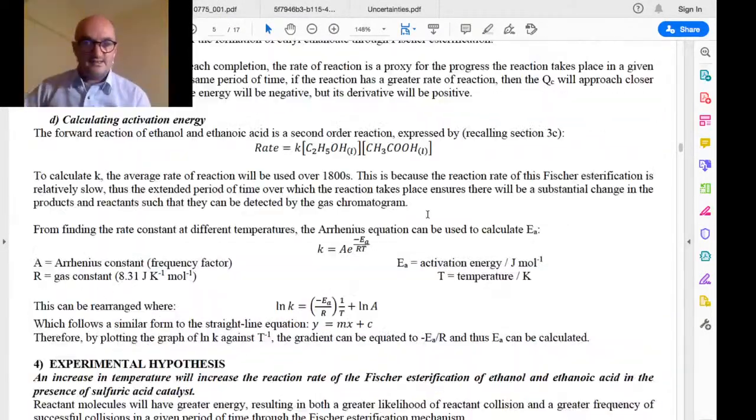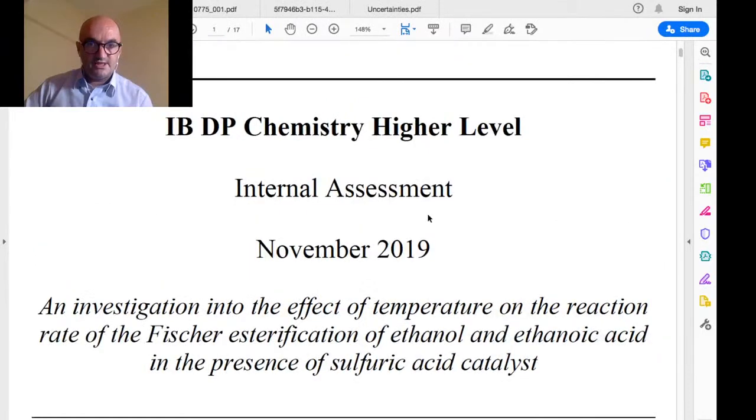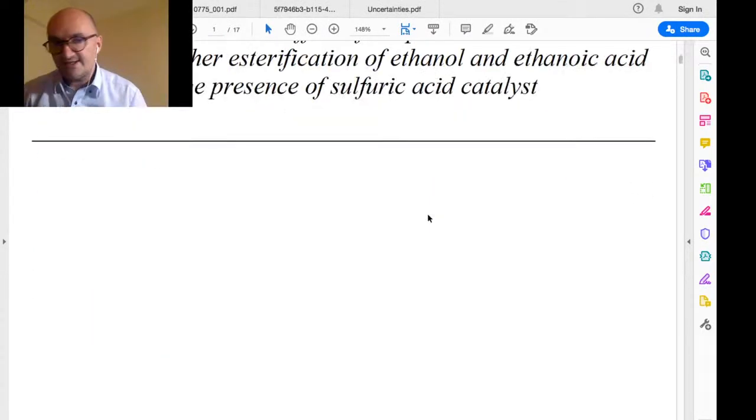Okay guys, that's the work through for the one that was shared in the IB Chemistry Teacher Facebook page. That's the 24, which again I'll share underneath the document.